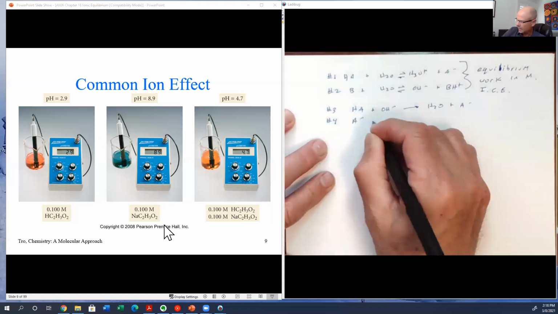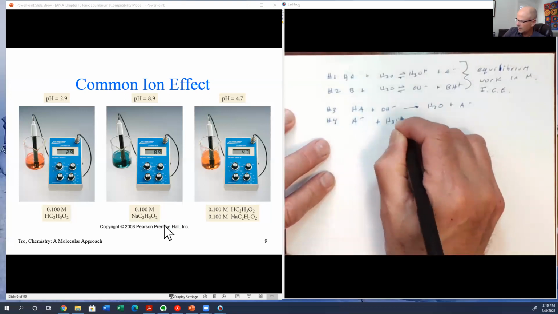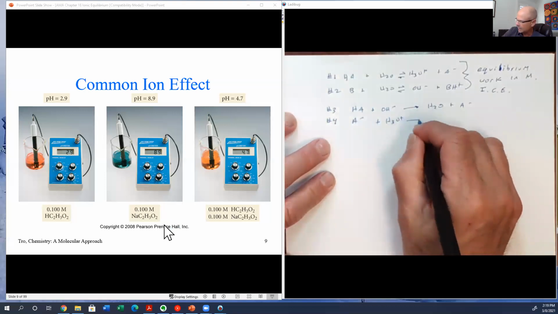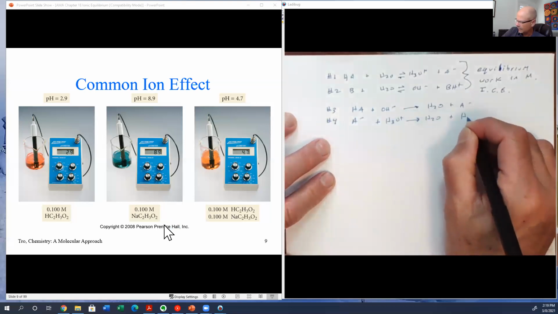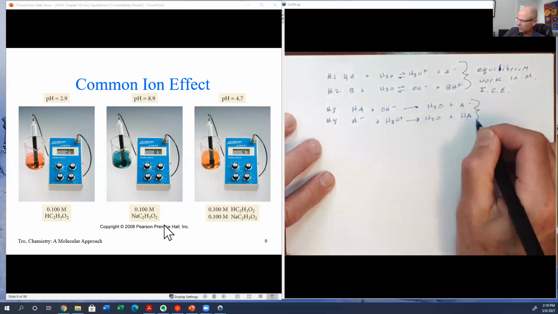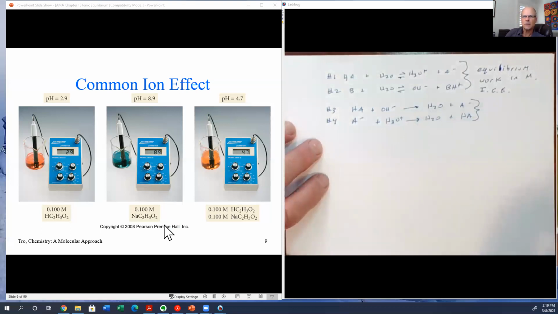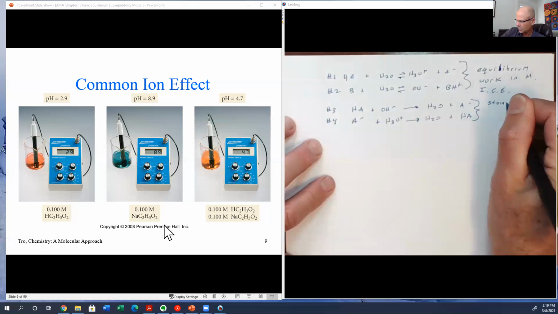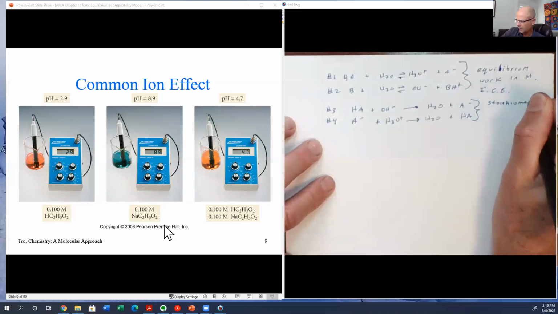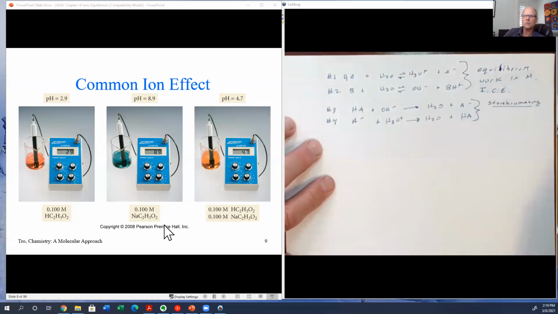And the other one is a conjugate base neutralizing an added strong acid, and that's going to form H2O plus HA. Okay, these are not equilibrium equations. These go to completion. Okay, so these represent stoichiometry. You're just going to use stoichiometry on these. You're not going to solve an equilibrium problem. You're just going to use stoichiometry.